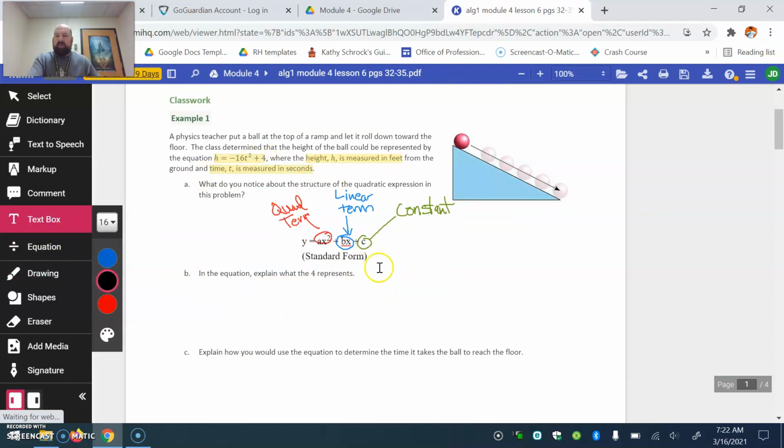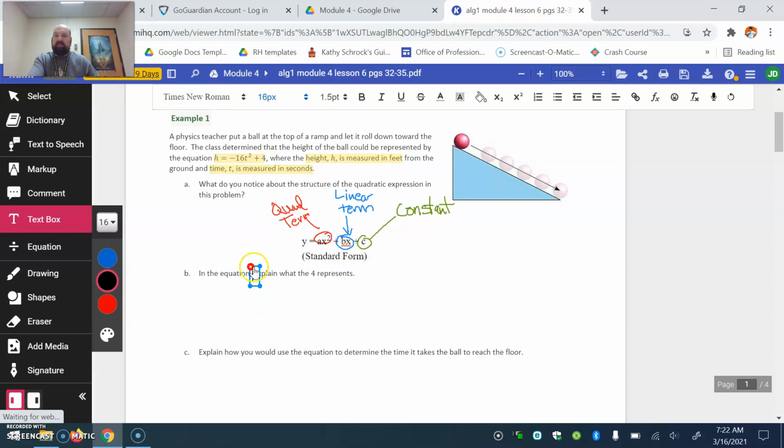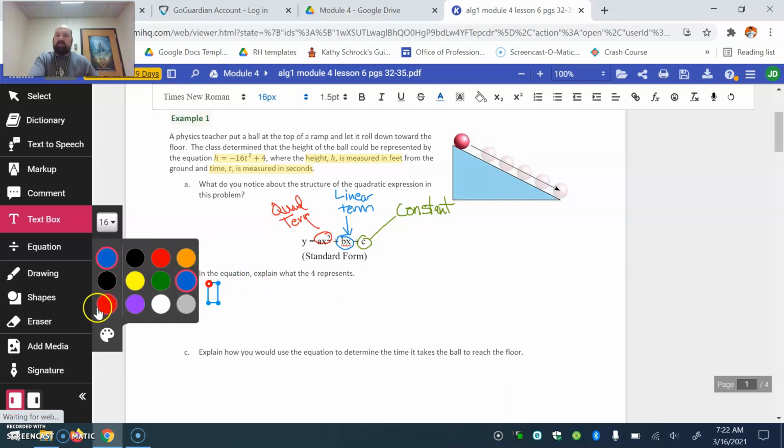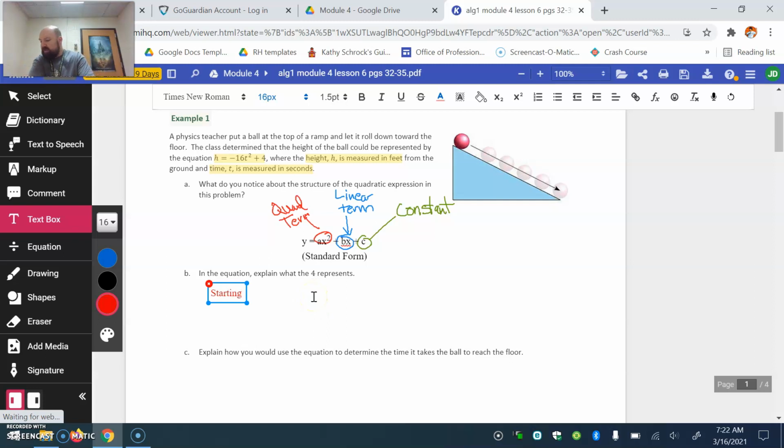So plus 4, the constant. This happens a lot with the real world examples they give you. Actually, let me use a nice bright red here. That is the starting height of the ball at the top of the ramp.